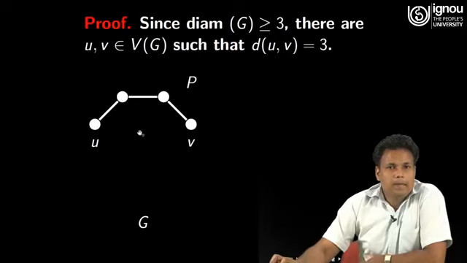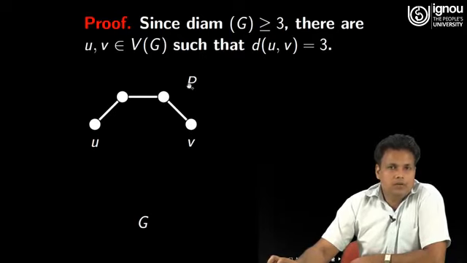Note that the internal vertices on this path cannot be adjacent to both U and V, right, because otherwise UV would have a path shorter than P, which contradicts the hypothesis. So, U and V are non-adjacent here. Likewise, there is no edge of this kind and no edge of this kind.